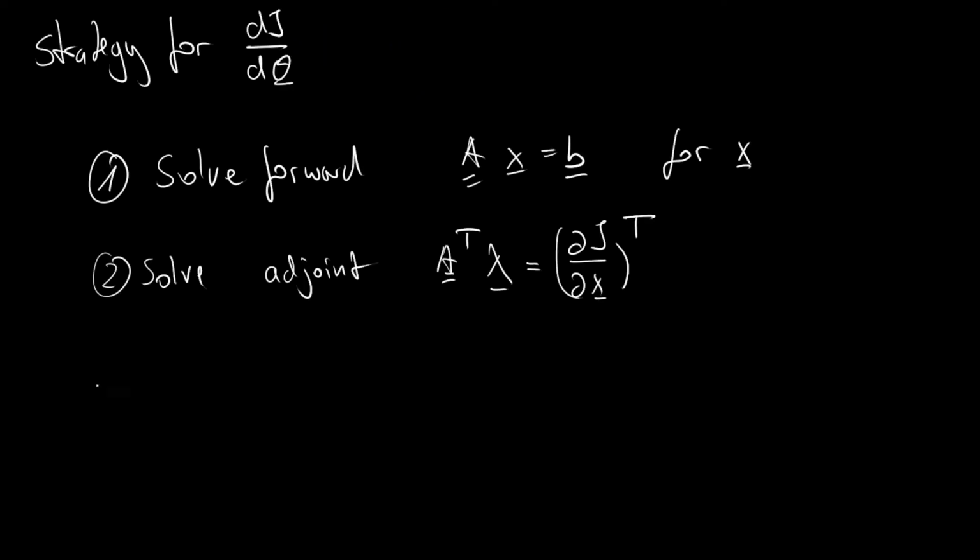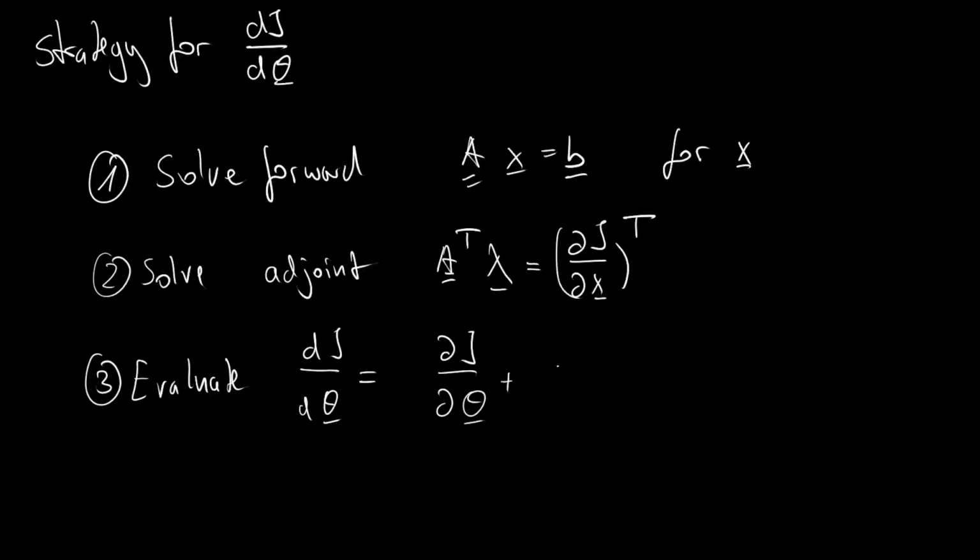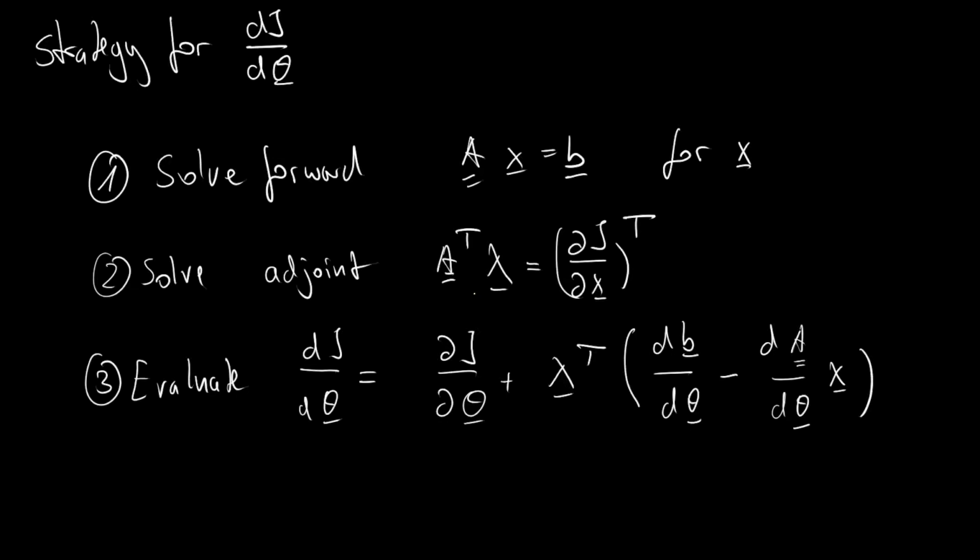And then point number 3, we need to evaluate the following expression yielding dJ by d theta, the quantity we're interested in, being partial J partial theta plus our lambda transpose times dB by d theta in the total sense minus dA by d theta in the total sense times the vector x, and we plug in the values lambda here and the x here, and I should also indicate that we solve the linear system for lambda.